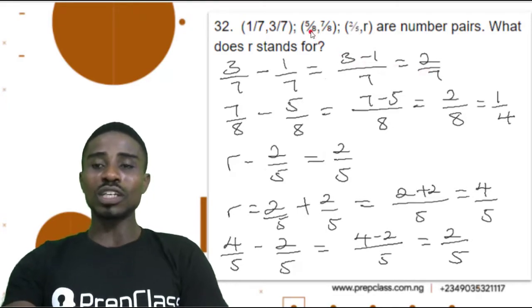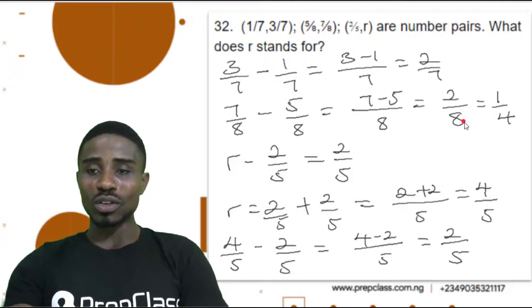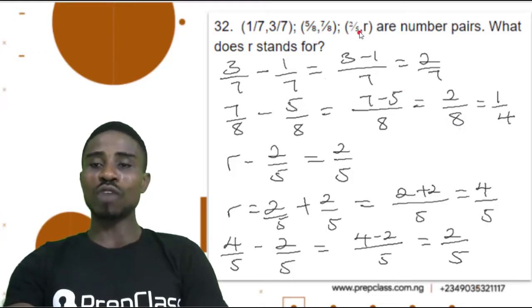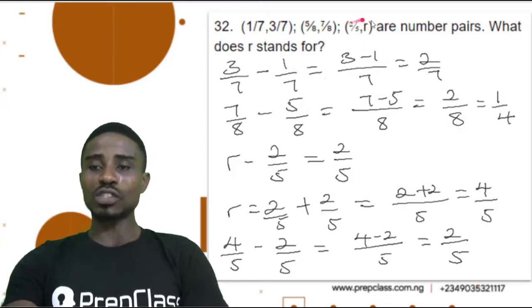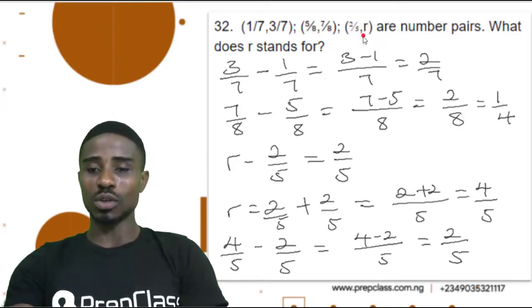So for this one, it is also the difference of the numerators over the denominator, like 7 minus 5 over 8. That was the difference between them. So for this also, the value of R will be the difference of their numerators over the common denominator.